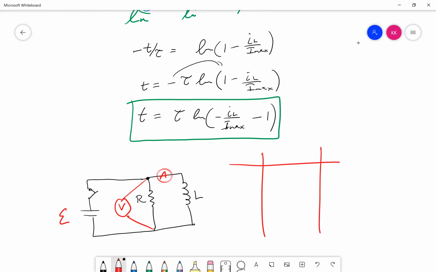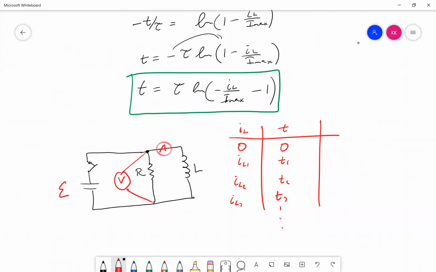Then I can get data of how the current across the inductor changes as a function of time. Remember, when t is 0, the current is 0, but then as a function of time, obviously it will increase. So let's say this will be T1, then I measure IL1, T2, then I measure IL2, T3, then IL3, and so on.